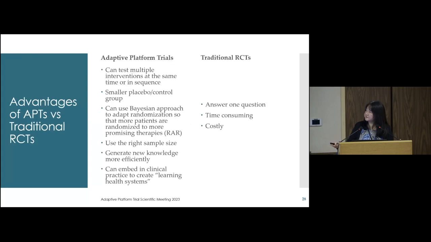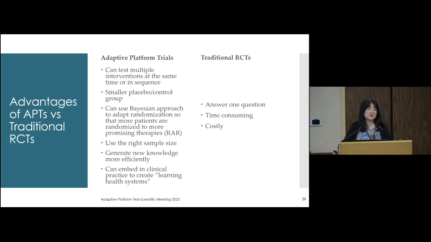I just want to summarize what the differences are between adaptive platform trials and your usual randomized controlled trials. The usual randomized controlled trials often answer one question only, or at least are very limited in the number of questions that people may have.